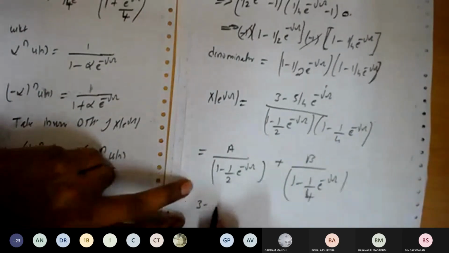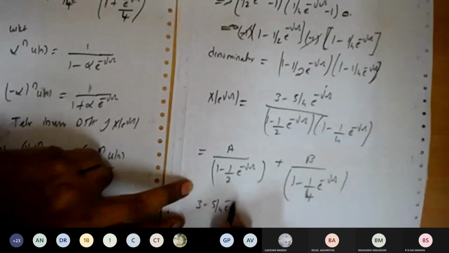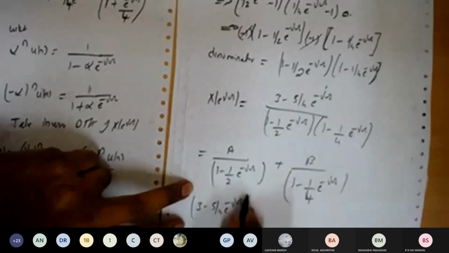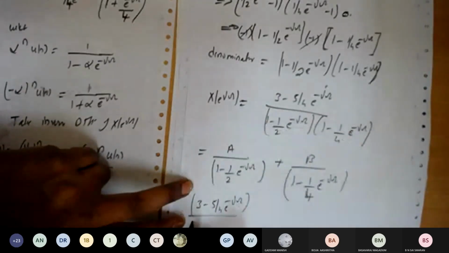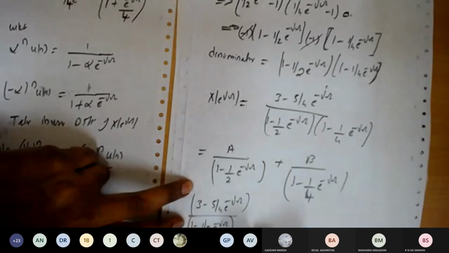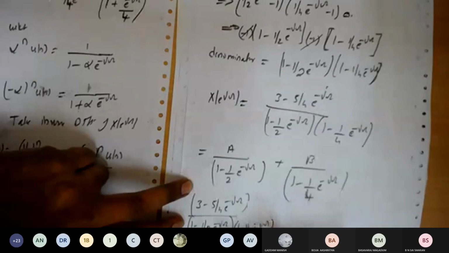When I take the LCM, it will become 3 minus 5 by 4 e to the power of minus j omega divided by 1 minus 1 by 2 e to the power of minus j omega into 1 minus 1 by 4 e to the power of minus j omega.